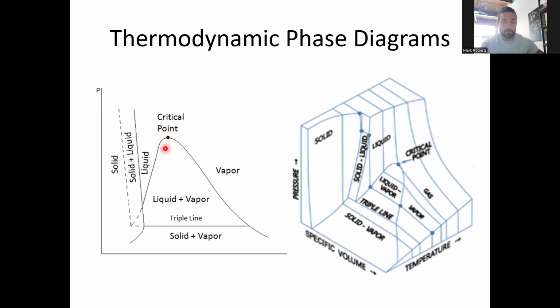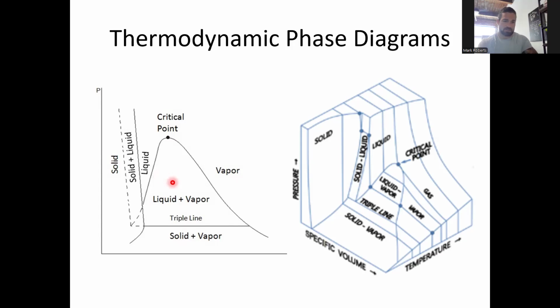So we know the conditions in which water can be a vapor, the conditions in which water will be a liquid, and the conditions over which we can have both liquid and vapor exist in equilibrium. We know one of those already. One of the conditions at which water can exist as a vapor and a liquid is the boiling point, 100 degrees C. We can have water as a liquid or water as a vapor.